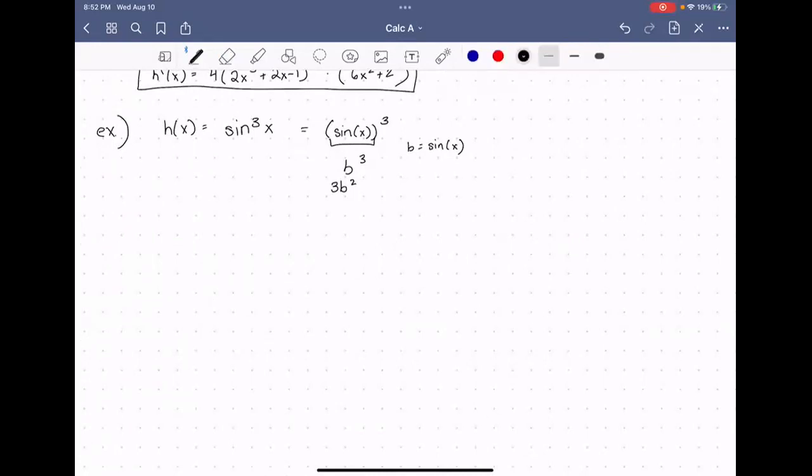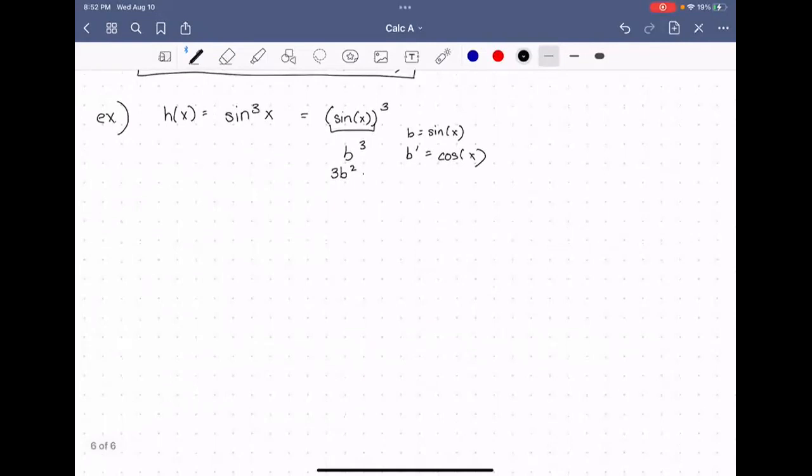So technically it'd be times the derivative of... Oh, I'm so sorry, guys. That's not right. If b is sine x, what is the derivative of sine x? The derivative of sine x is cosine x.